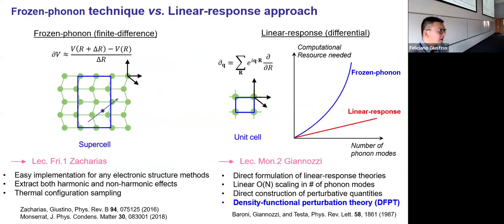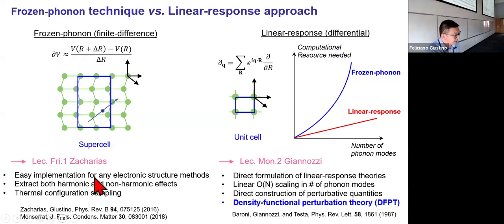So in this whole week, most of our practices are based on linear response. So what are the differences? The frozen phonon approach, as I explained, is where you explicitly build a supercell, and move the atoms following the phonon wave vector Q and phonon eigenvector patterns. Then you extract the difference and compute the finite difference slopes and so on.